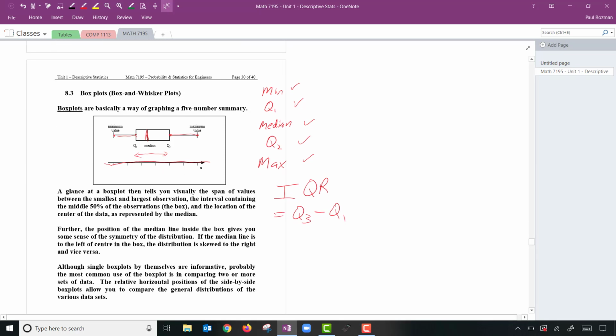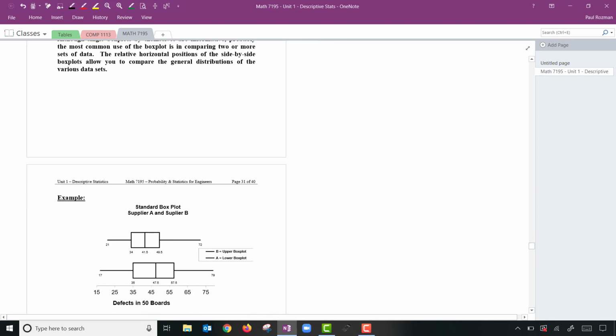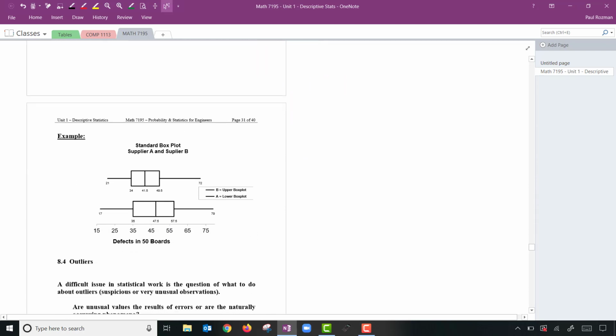So those are some common uses of this and what we're basically supposed to see from it. Our example, you probably recall supplier A and B. We had just calculated the quartiles for supplier B. Hopefully these numbers match.